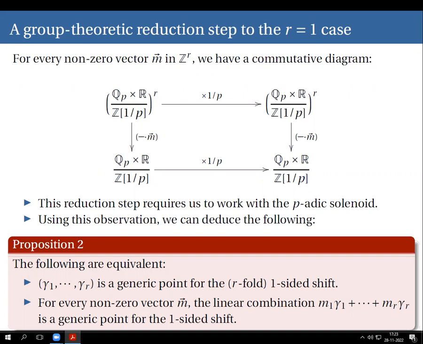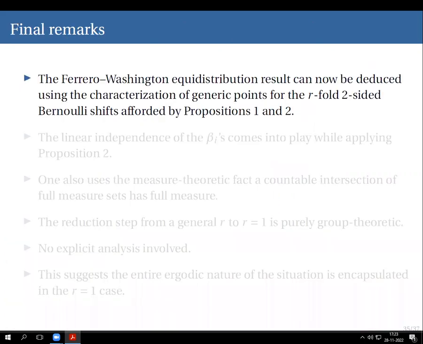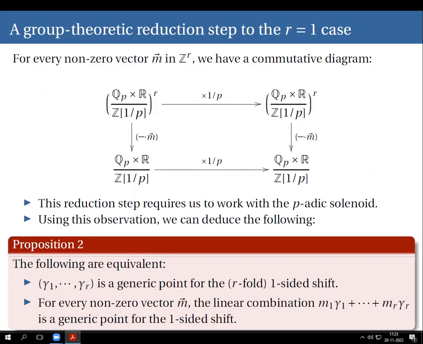So the gamma i is now in the solenoid, yes, yeah. So this r-fold product is this here. Okay. Yeah. So the point is you can reduce from the general r to the r equals 1 case by looking at all these linear combinations.